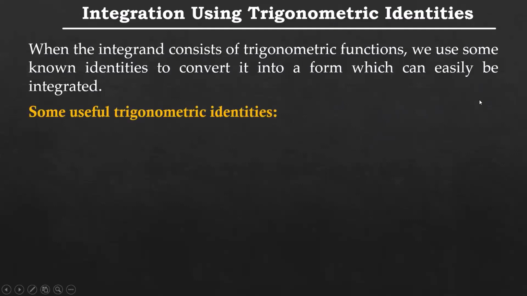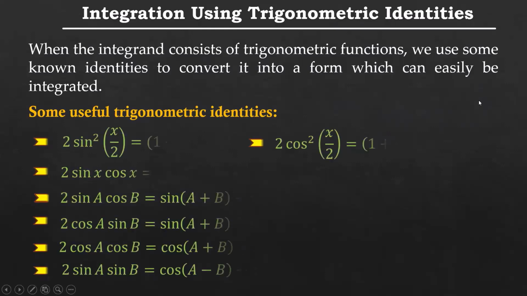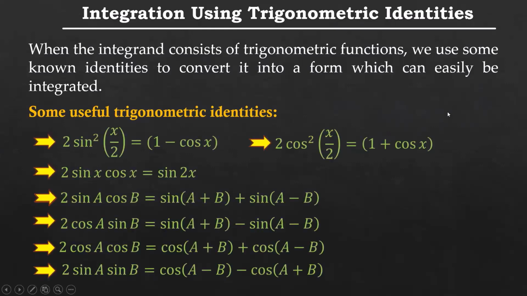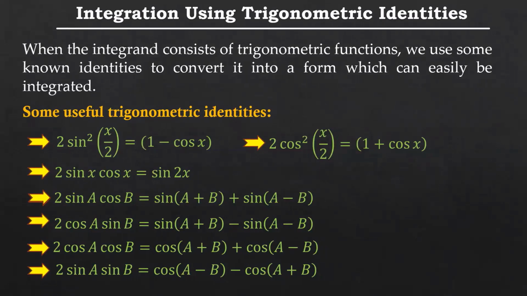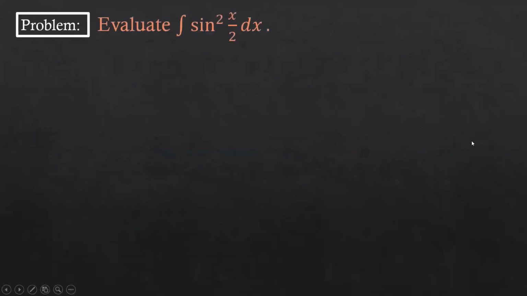There are some useful identities which you can keep in your notes for future use. That's why we put it here. These trigonometric formulas can be rapidly used in performing this type of integration.